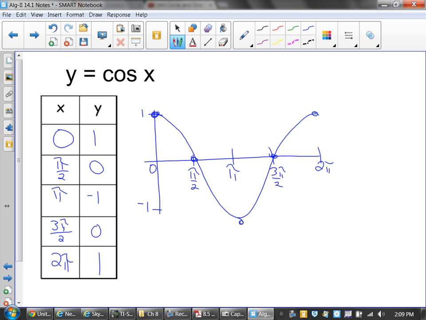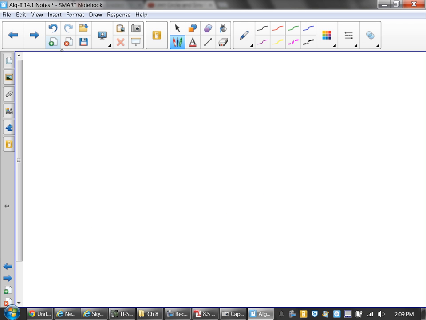So what we're working with today is basically these 2 things. When we're working with these things here, you have this generic function: y equals a sine b of x, or y equals a cosine b of x.